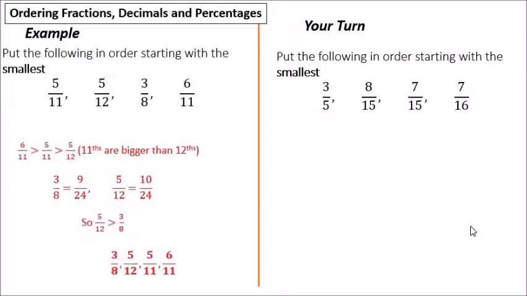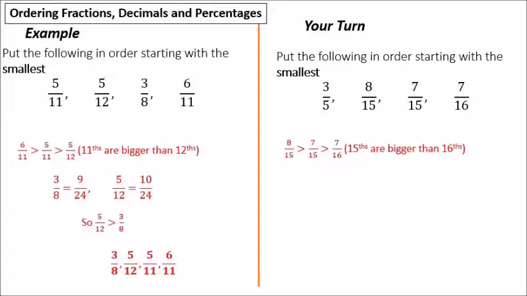So to go through these ones, we have 7 15ths and 8 15ths. 8 15ths is clearly bigger than 7 15ths. We have 8 pieces instead of 7 pieces, and they're 15ths, so they're all the same size. And then we have 7 16ths as well. Now 15ths are clearly bigger than 16ths because something split into 15 pieces, each piece will be bigger than something split into 16 pieces.